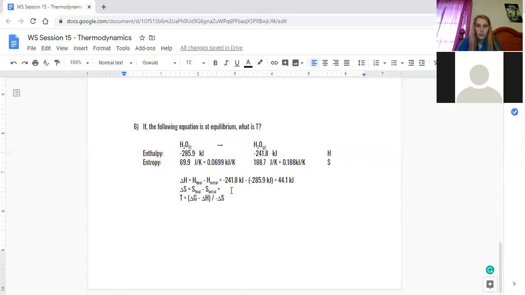Okay, so you can plug your numbers in here: 0.188 kilojoules per Kelvin, and then you're going to have that one minus the other one, 0.0699 kilojoules per Kelvin. When you solve that, let me know what you come up with.